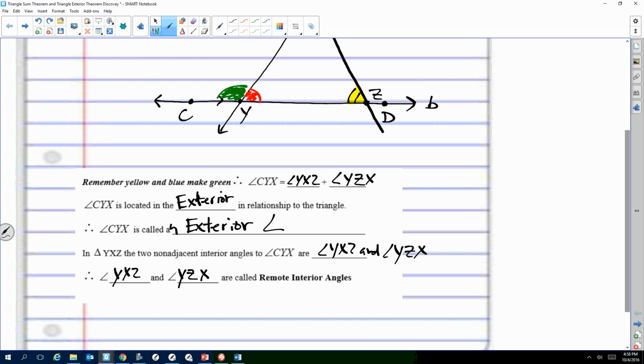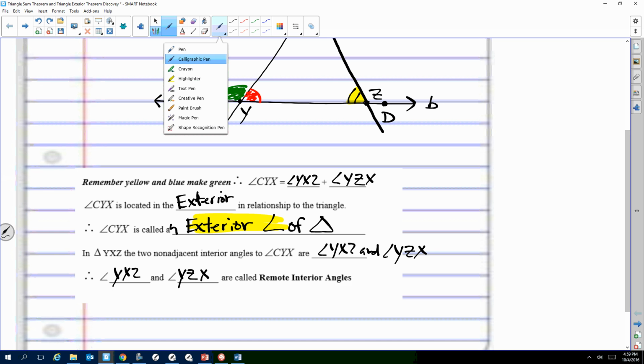So key to this, what I wanted you to see on this, let me go ahead and highlight. If I'm dealing with an exterior angle of a triangle, that's my symbol for triangle. Talk about an exterior angle of a triangle in relationship to remote interior angles.